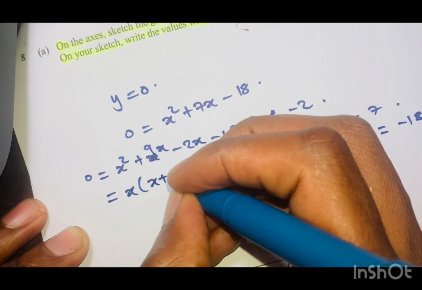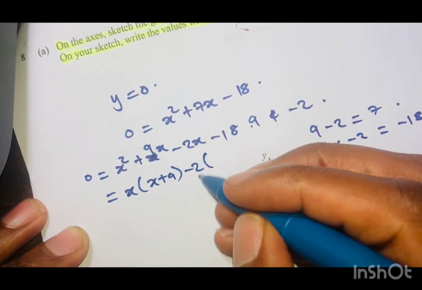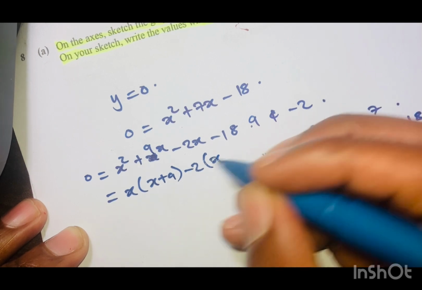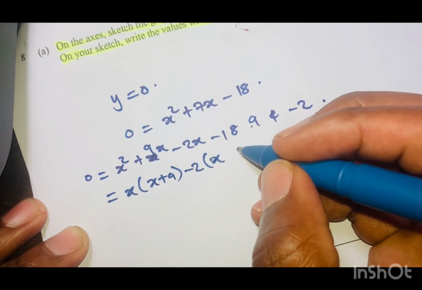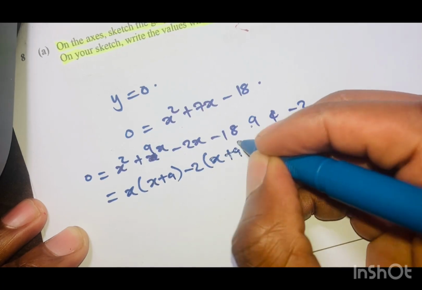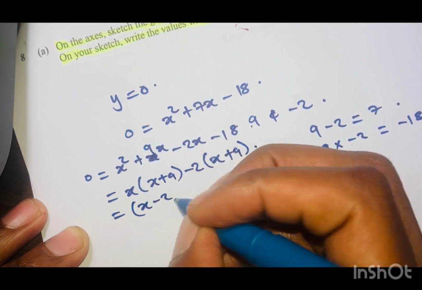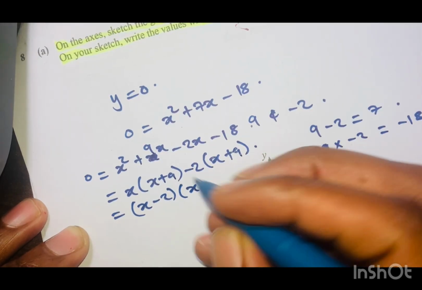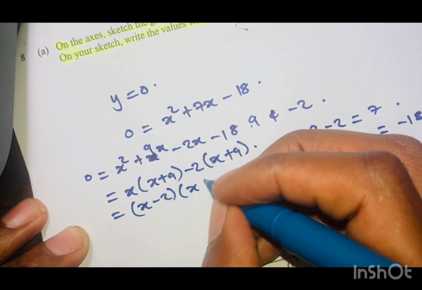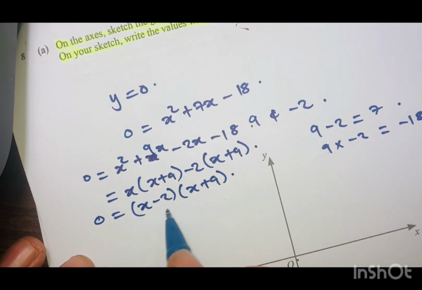So this goes like x open bracket x plus 9, minus 2 open bracket x plus 9, since minus 2 times x is minus 2x, and minus 2 times 9 is minus 18. So we have two brackets, x minus 2 and x plus 9, equals 0.